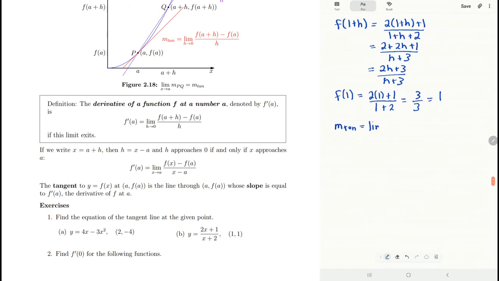So that's the limit as h goes to 0 of f(1 + h) minus f(1) all over h. So we have the limit as h goes to 0 of (2h + 3) divided by (h + 3) minus 1, all over h.